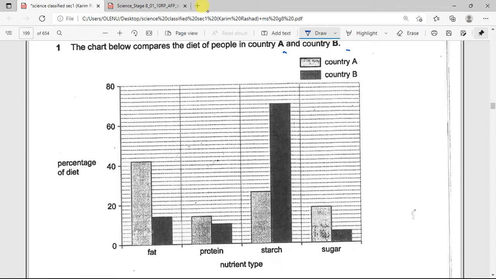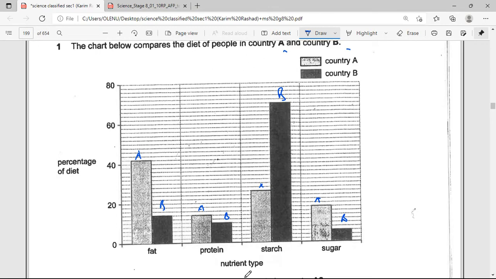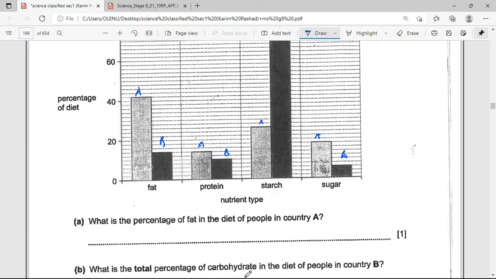This is A, this is B, this is A, this is B, and so on. With that knowledge, because we're using the key to label that, what is the percentage of fat in the diet of people in country A? So this is fat, and this is country A.